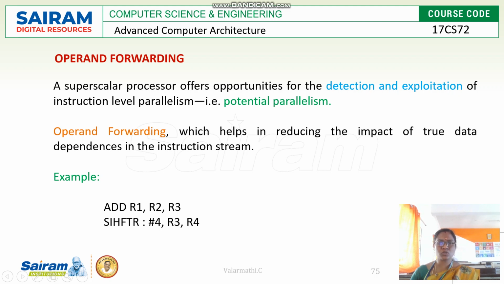Operand forwarding. Operand forwarding is one of the techniques to achieve instruction level parallelism, as I have already explained in the previous videos. A superscalar processor offers the opportunity of detecting and exploiting instruction level parallelism.